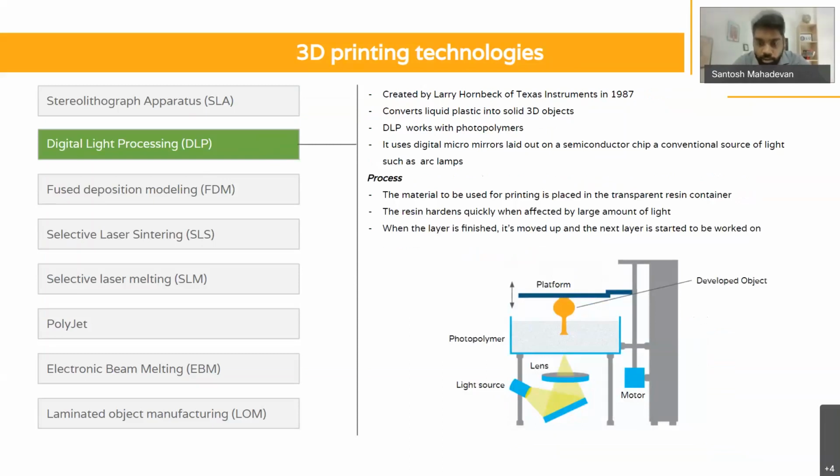Black is equal to no light and white is equal to light. Wherever there is black, the photopolymer will not act, and wherever there is white, which forms the geometry of that cross section, the photopolymer will become hard.